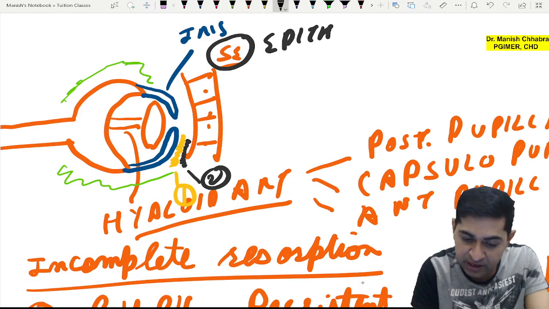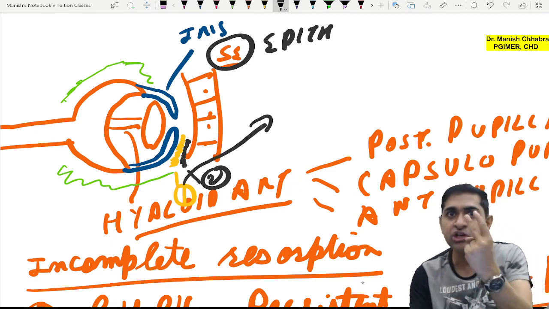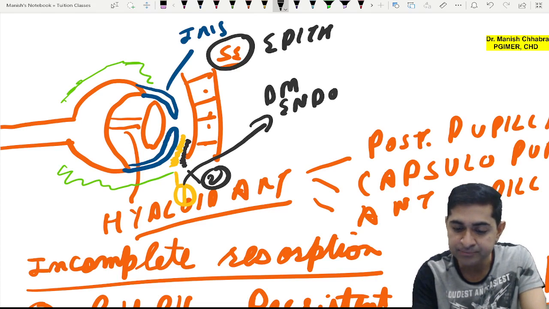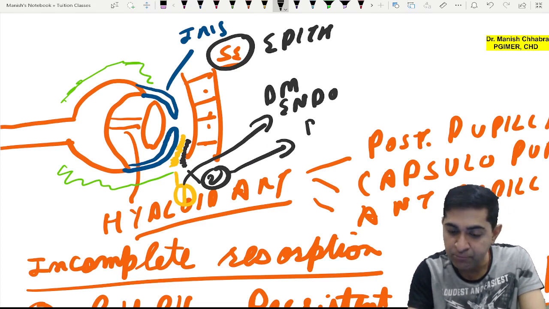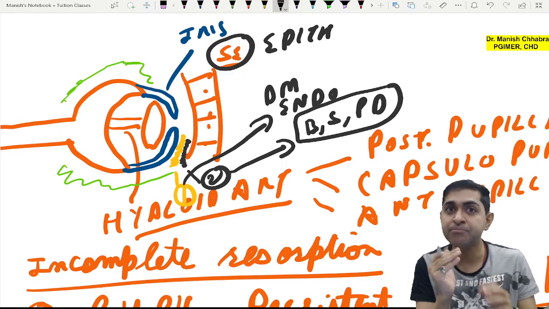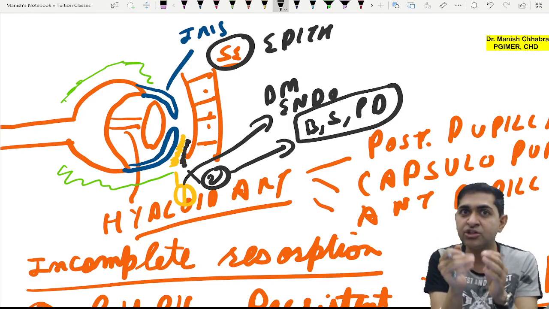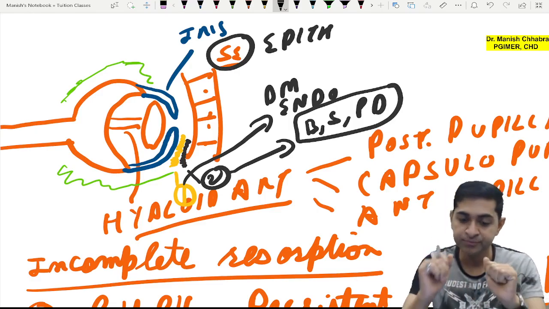So the first wave forms the posterior two layers, that is your Descemet's membrane and endothelium, while the second wave forms the Bowman's layer, stroma, and pre-Descemet's layer, because some believe that pre-Descemet's layer or Dua's layer is nothing but a modification of the posteriormost part of the stroma only.